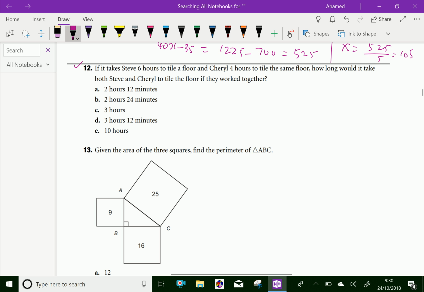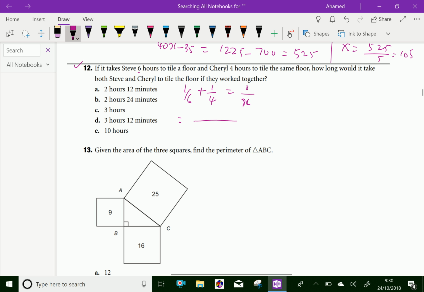Here first we will calculate the individual rates. Steve takes 6 hours to finish the tile work, which means he finishes 1 over 6 of the work in 1 hour, and Cheryl takes 4 hours, so she finishes 1/4 of the work. If they work together, 1 over x of the work should be finished. So we have to calculate this.